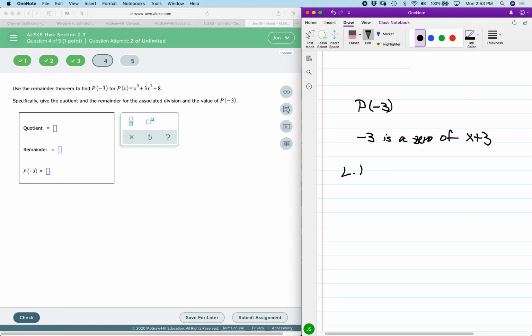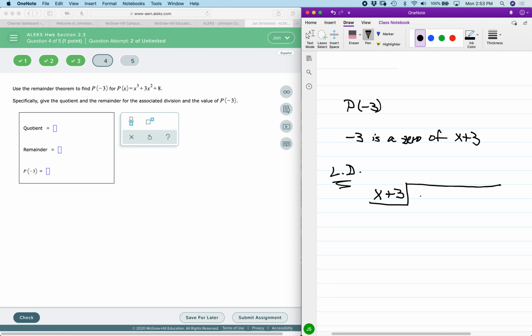Now, if I were to set up long division, again I have x plus 3 originating from negative 3, and I'm taking into it the polynomial. I'll show you why I'm doing the long division. We have a 3rd order term, and we have plus 3x squared.